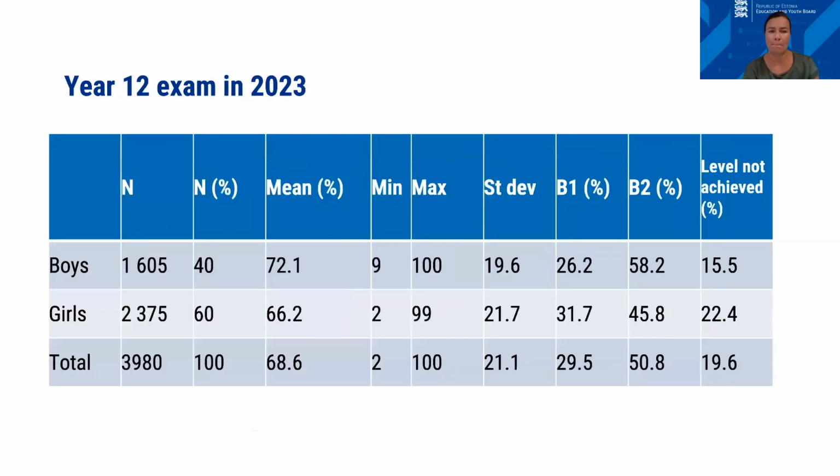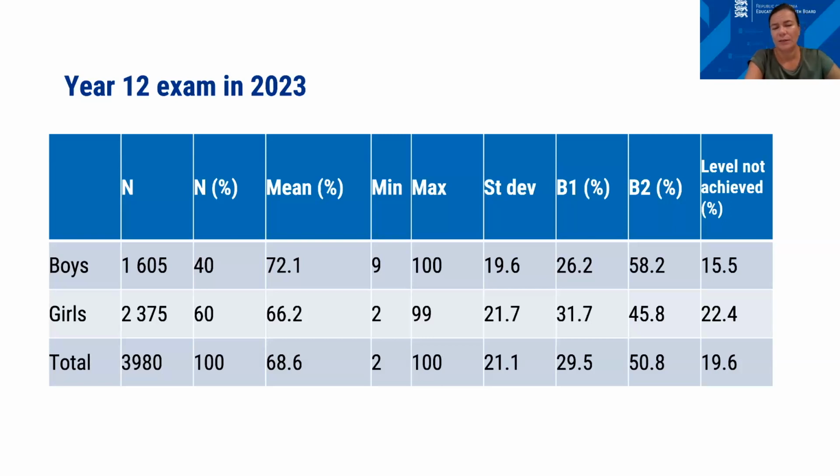Okay, now there were around 1,600 boys taking the test, so around 40% of the test takers were boys, and then 60% were girls. The mean score of boys was higher than that of the girls.